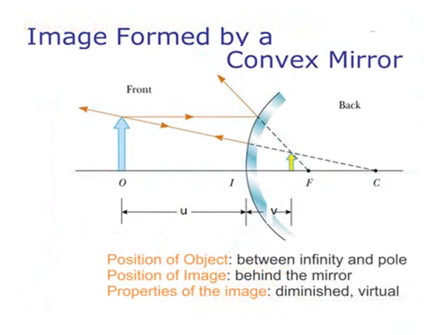Now this is the second position where the object is being kept. The position of the object, which you see as an upward arrow above the principal axis, is being kept between infinity and pole. So between infinity and pole, the object is being placed.